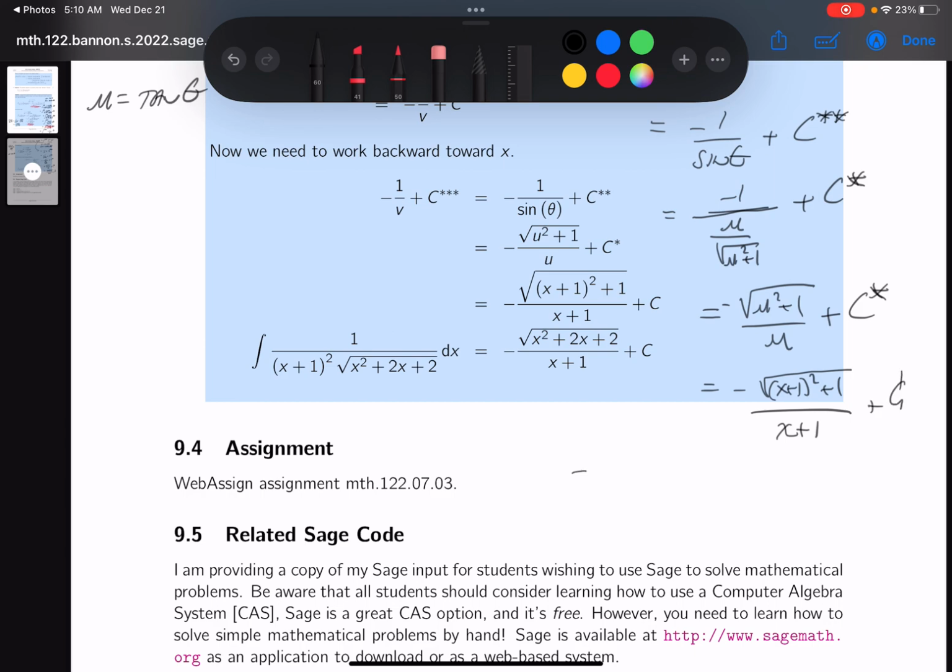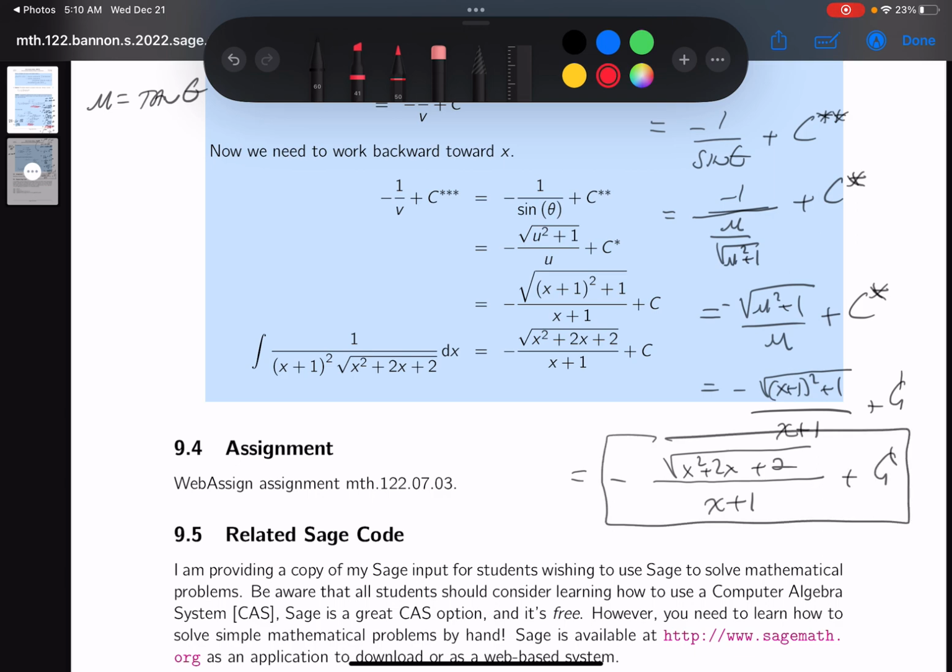Let me clean that up a little bit: minus the square root of x squared plus 2x plus 2, over x plus 1, plus some constant of integration. I think I'm done. Let's check the key and see if we got there. Did I get this? I got this. I got this. And I got this. We're doing okay.